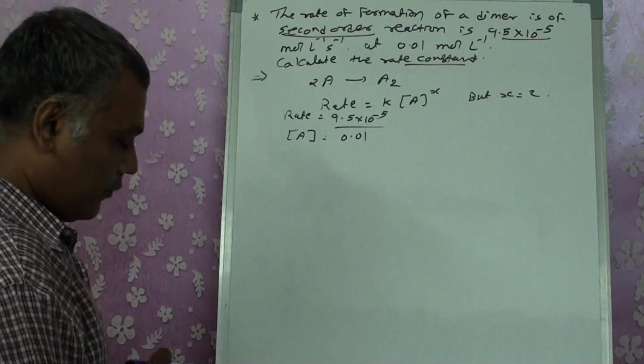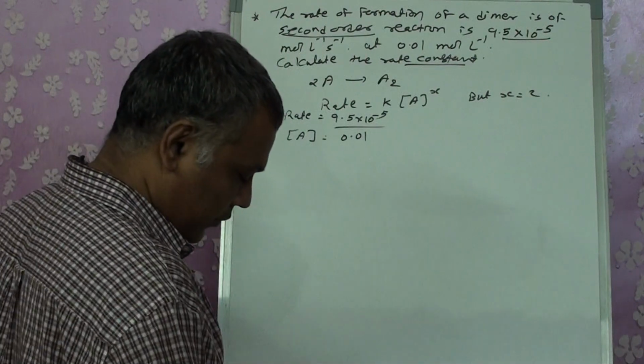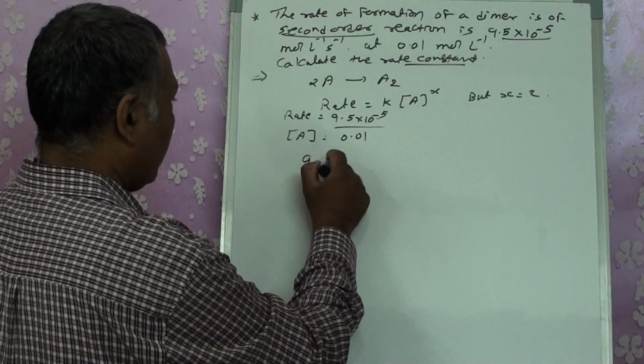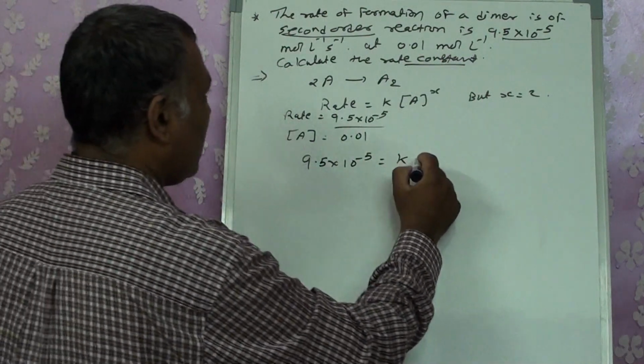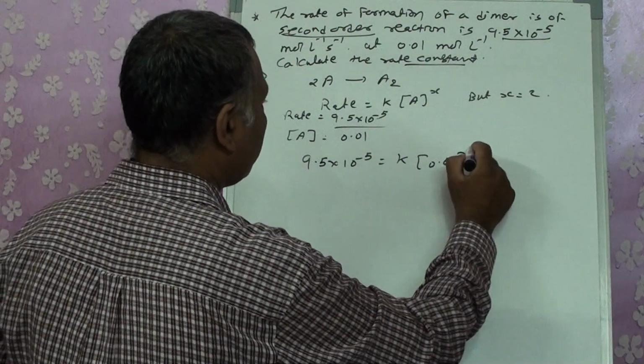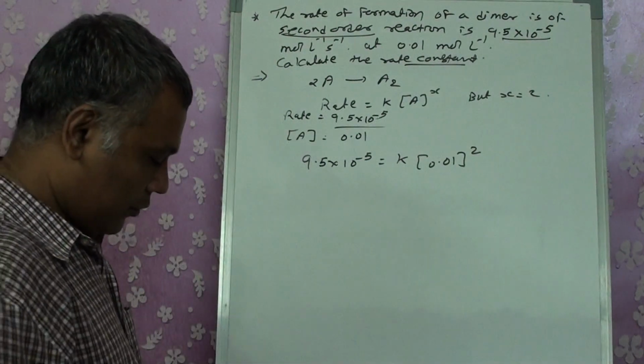Now, we will be getting the rate constant as 9.5 into 10 raised to minus 5 equals k into 0.01 raised to 2, because your order of reaction is 2, right?